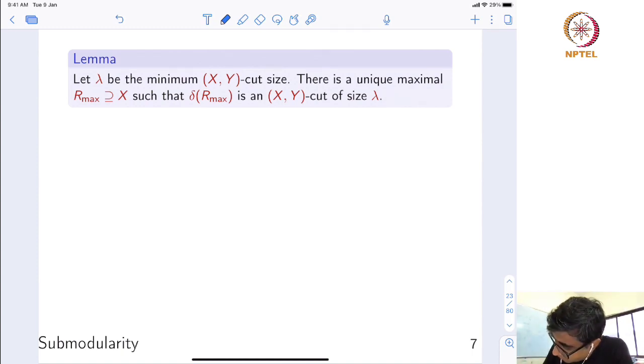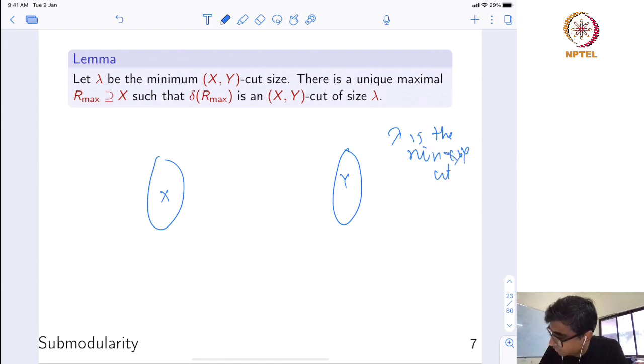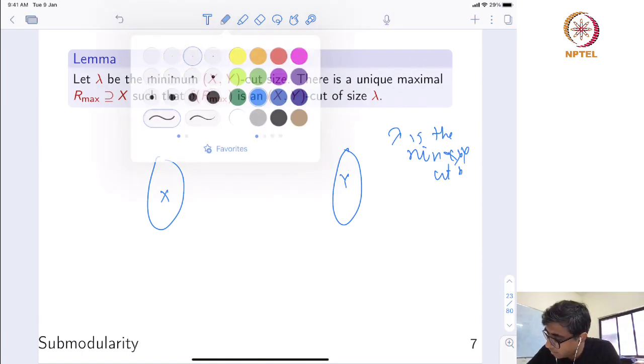So here is my set. Here is a set x and here is a set y, and lambda is the minimum xy cut size. But there could be many cuts, right?